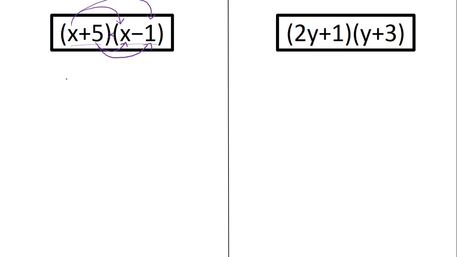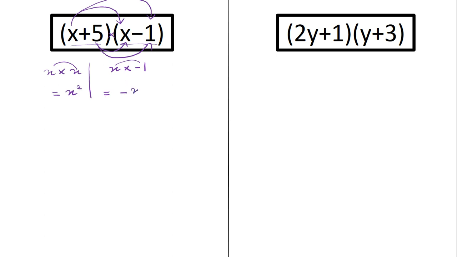So x times x means that there are two x's, so my answer becomes x squared. Then the next thing I have x times minus 1. So when I have x times minus 1, x times 1 is just 1 and there's a minus sign. So a plus sign multiplied by a minus sign gives me a minus sign.